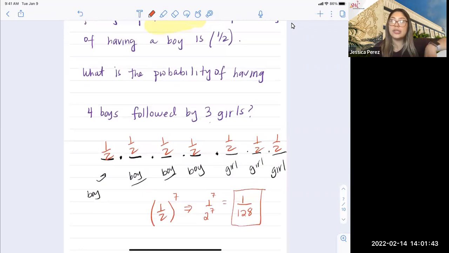In reality, the order doesn't matter because the probability of either having a boy or a girl is the same. They're both a half. So it depends on the family size, technically. So it's 1/2 raised to the family size, 1/2 raised to the 7th. So the probability is 1 over 128.